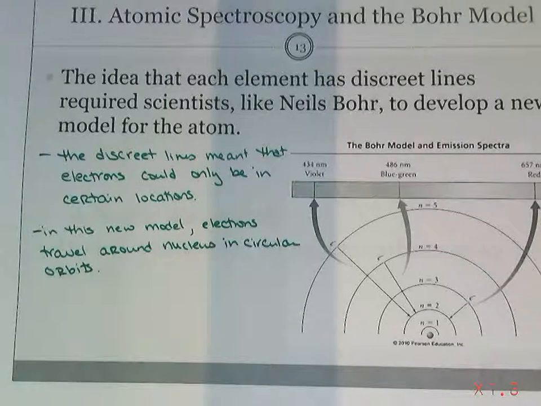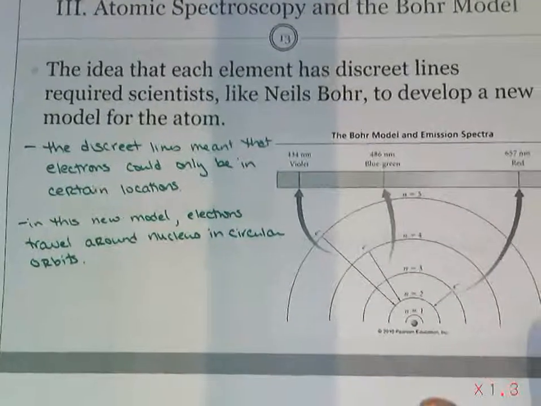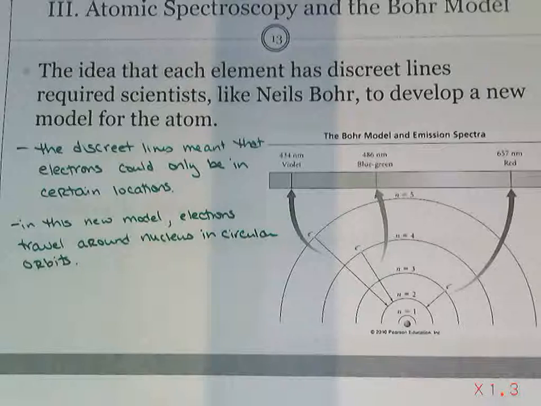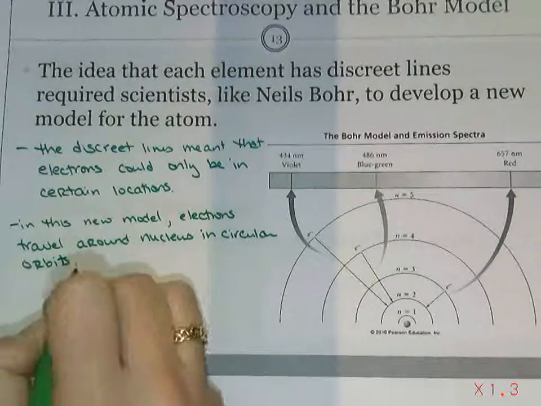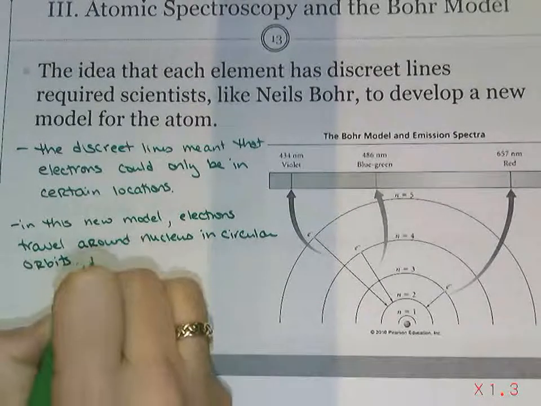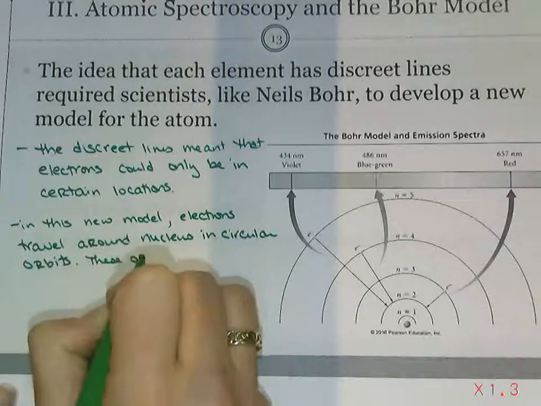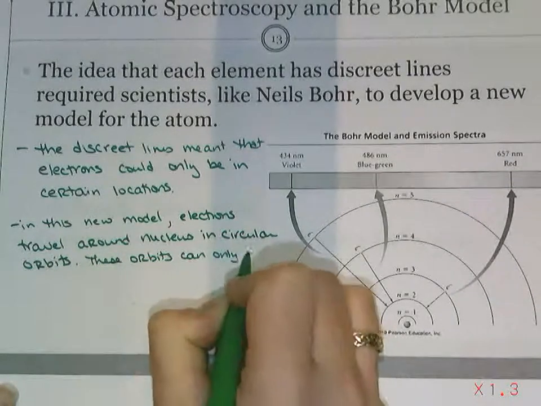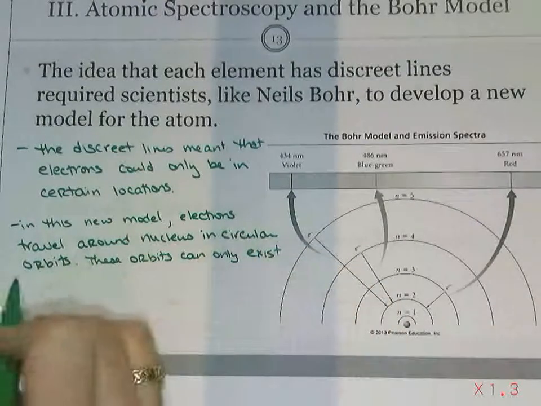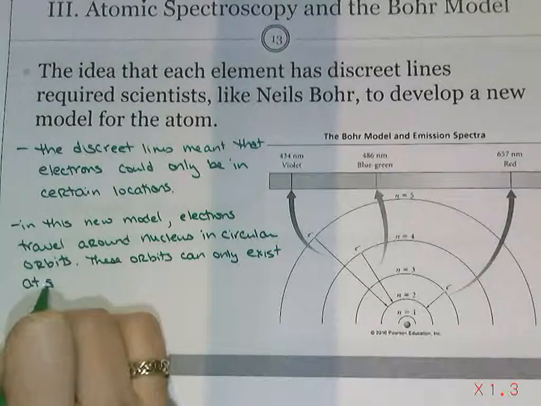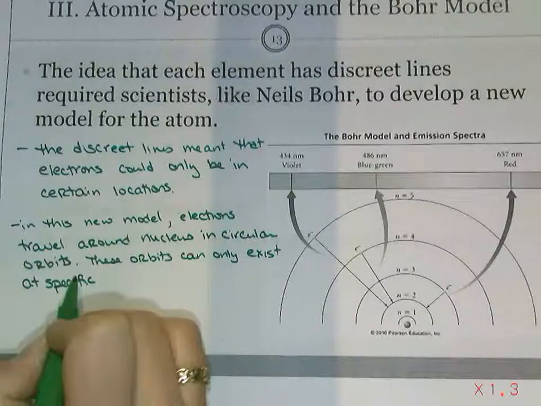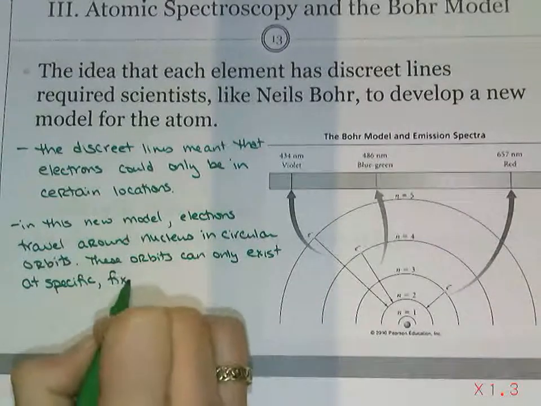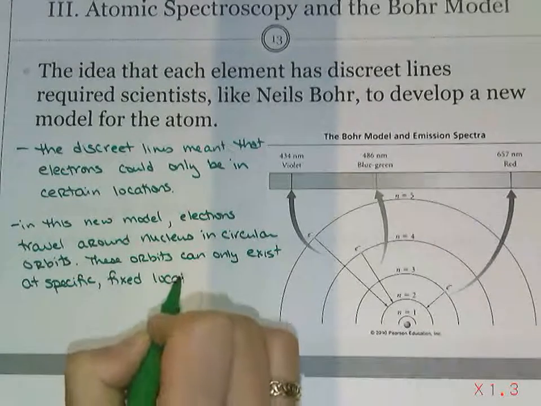And then these orbits can only exist at specific fixed distances from the nucleus. Specific fixed locations.